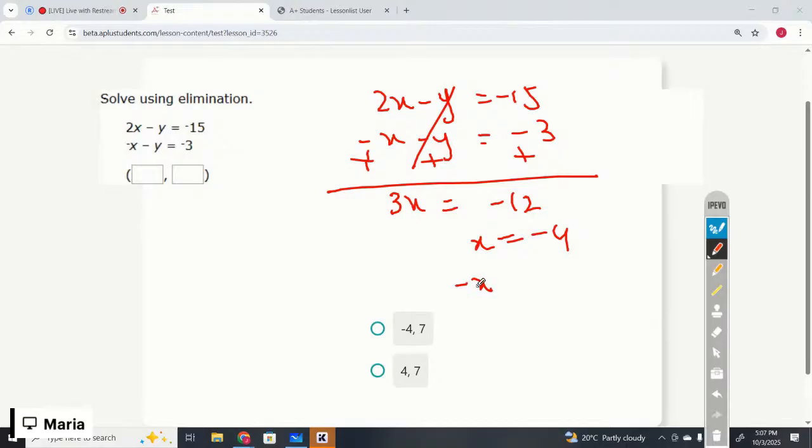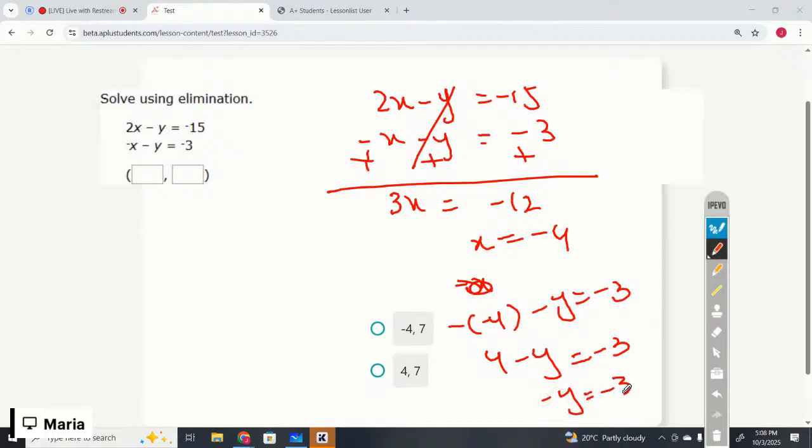So negative x, minus 4 minus y equals negative 3. So negative y equals negative 3 plus 4, negative 7. Wait, y equals 7. Option number 1 is the correct option. The x and y values are negative 4 and 7.